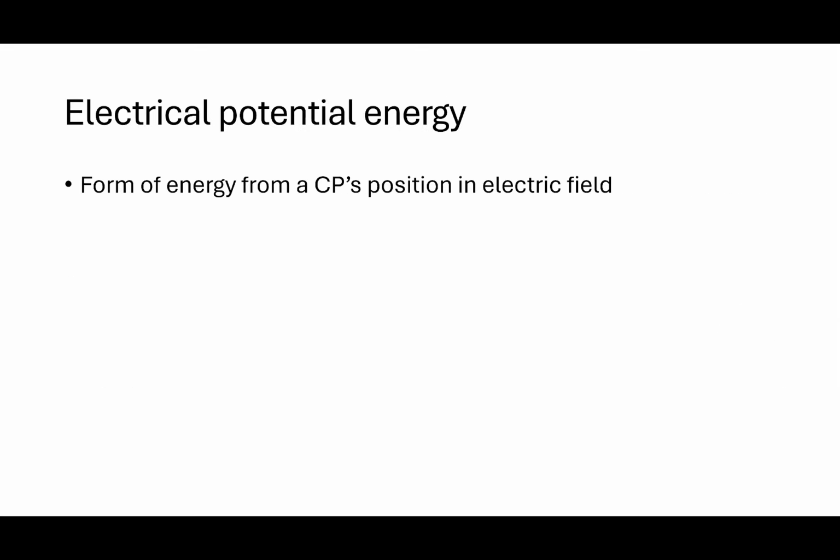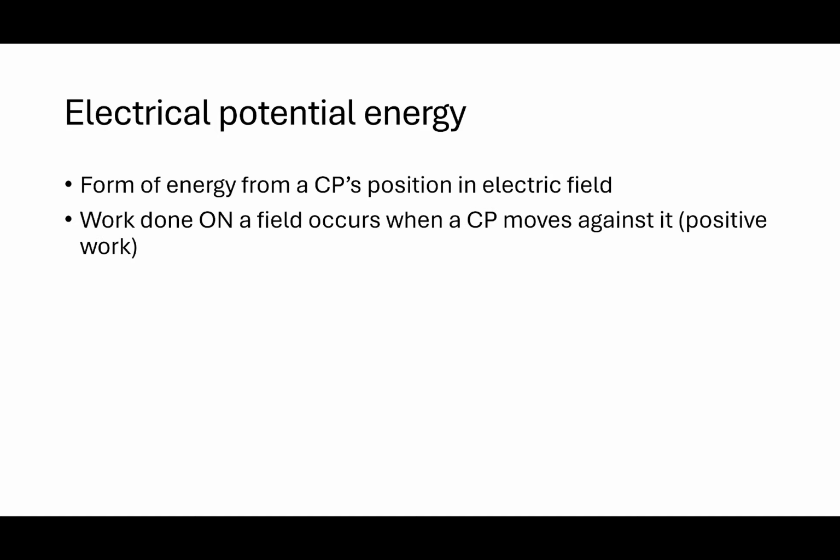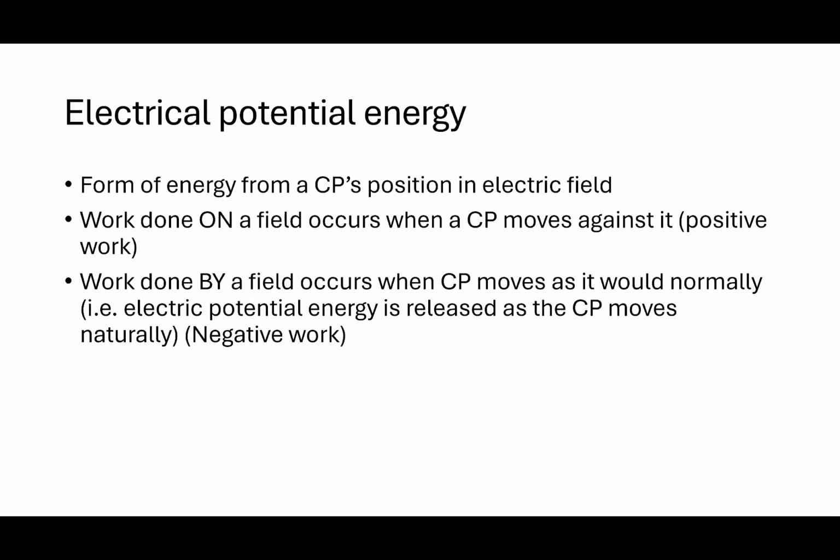Electrical potential energy. This is a form of energy from a charged particle's position in an electric field. There's different types of work done depending on what direction the charged particle takes relative to the electric field. Work done on a field is when a charged particle moves against it, and this is positive work.